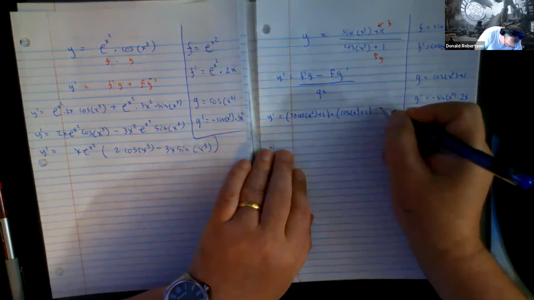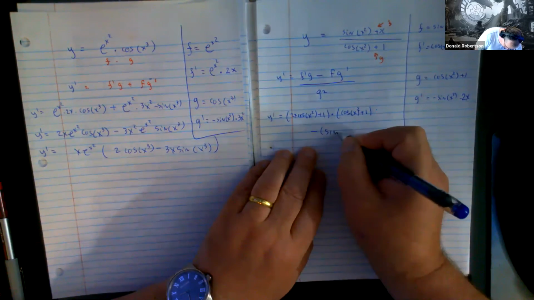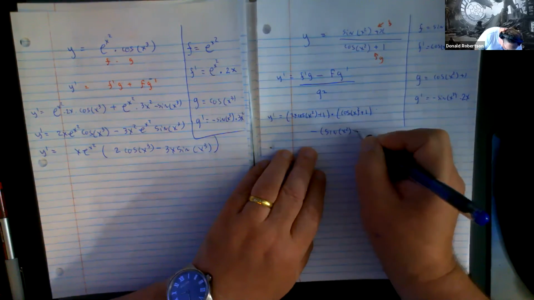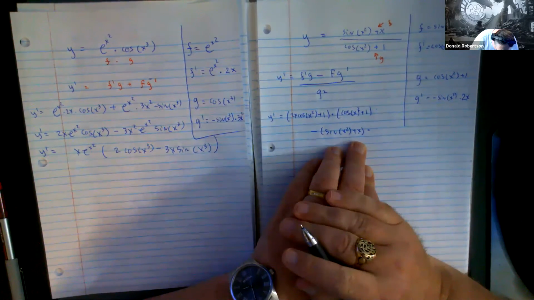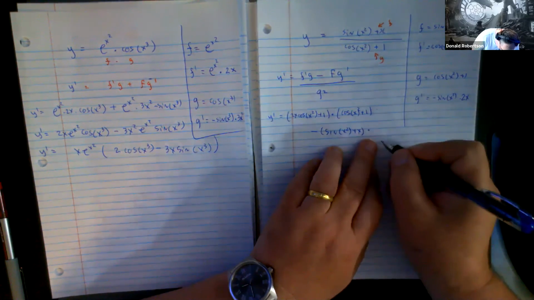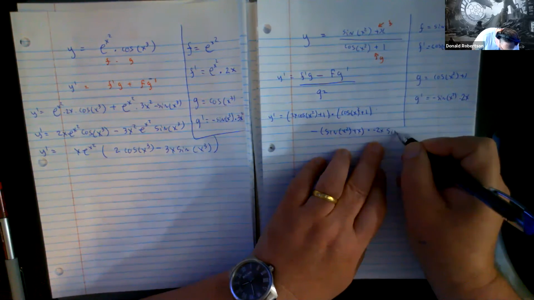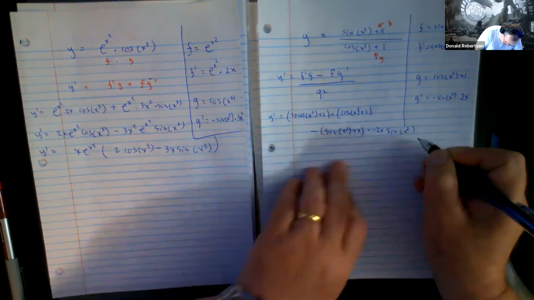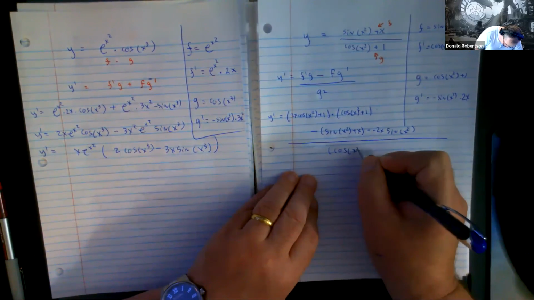Take away the untouched top guy, which is that, times the derivative of this fella, which is negative 2x, the sine of x squared, all over the cosine of x squared plus 1.